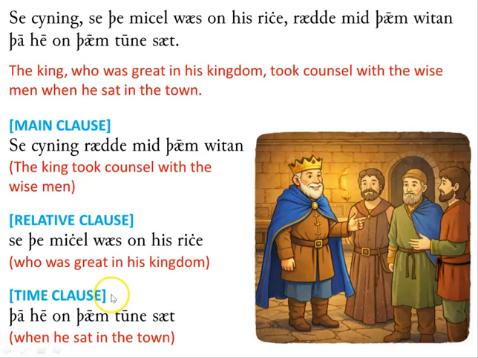Another subordinate clause is the time one. Tha he on tham tune sat. All right. So when he sat in the town. Now, when he sat in the town, it's not a full sentence. It's not a complete sentence like the king took counsel with the wise men. That's a complete sentence, okay? You've got the subject, you've got the verb, okay? You've got the object there. That can stand as a sentence in its own right.